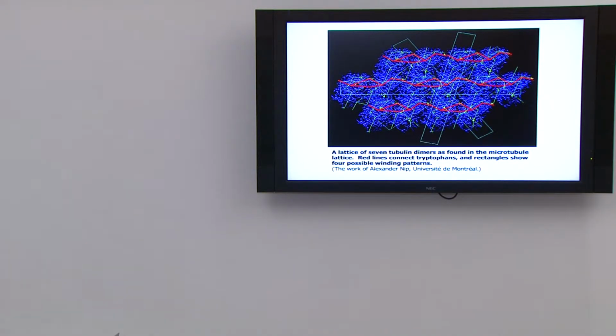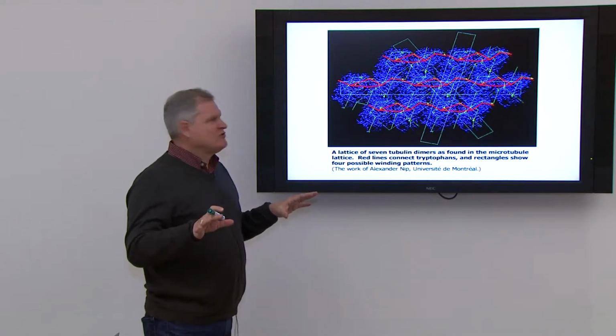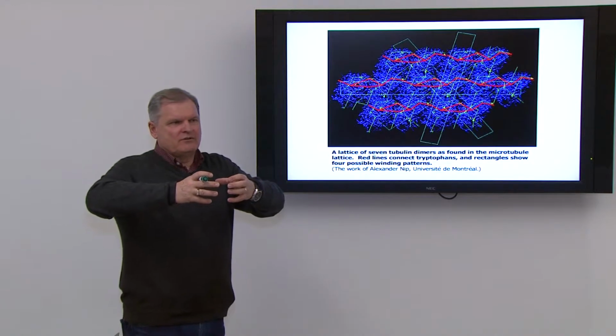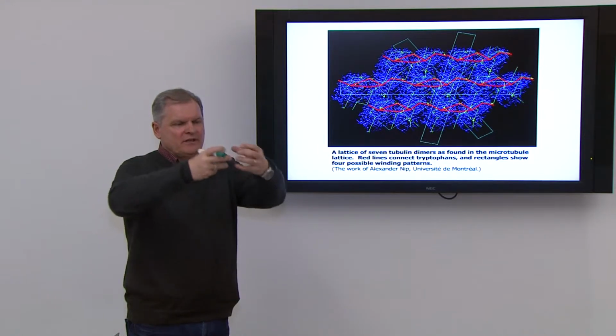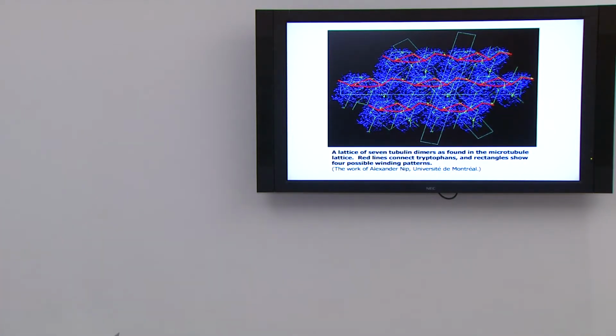And this is how you extend it. I showed you a complex of 8 molecules, 8 tryptophans, but now this is one tubulin dimer. Microtubules are formed of 13 protofilaments of tubulin.